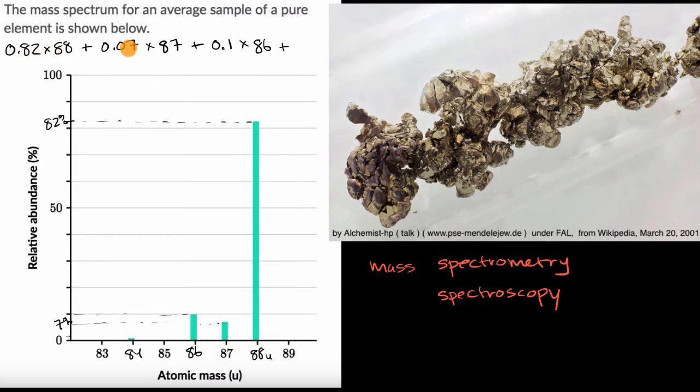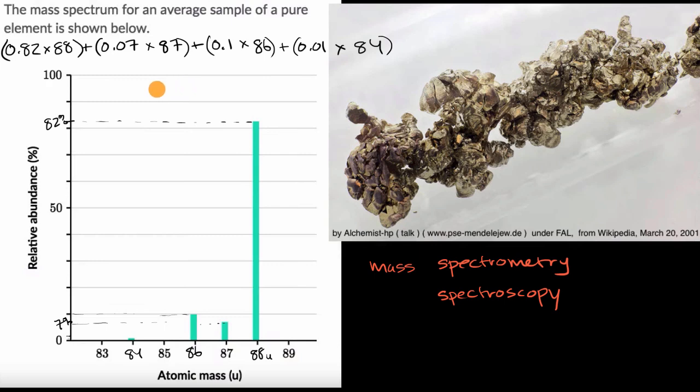This gets to 89, and then this gets us to 99. So then another 1%, 0.01 times 84. If we were to do this calculation, this is our estimate of the average atomic mass of this element. We could type this into a calculator and get some number and then look that up on a periodic table of elements.